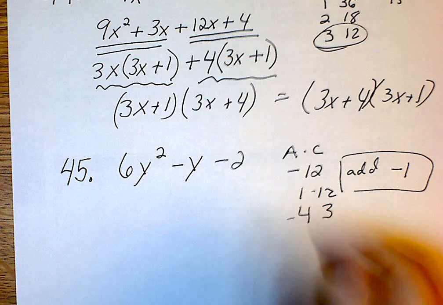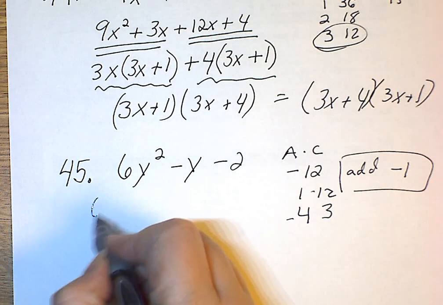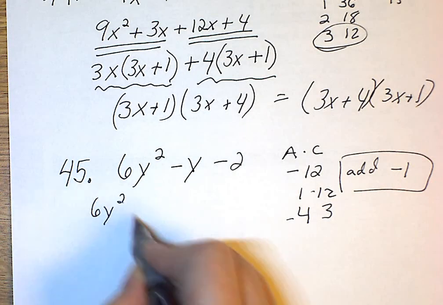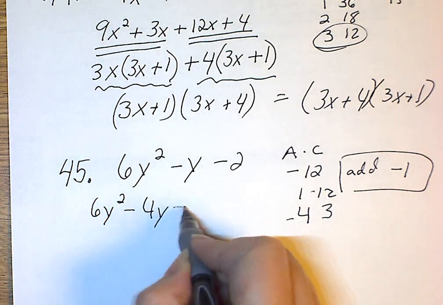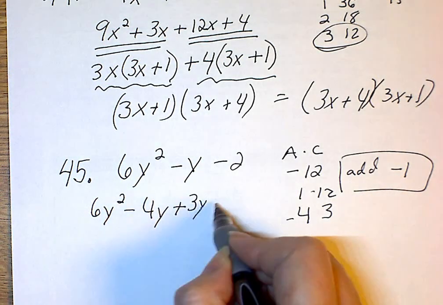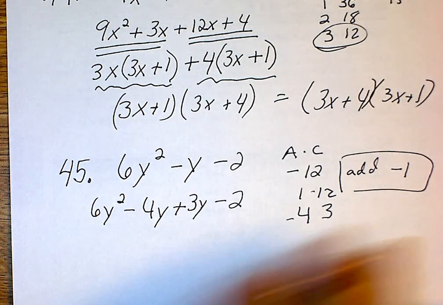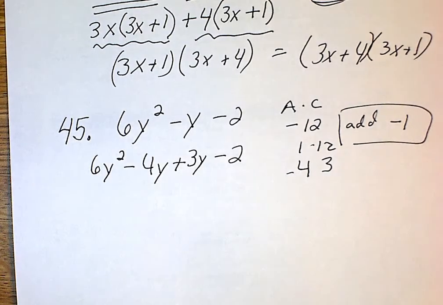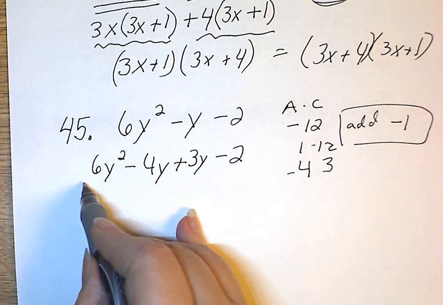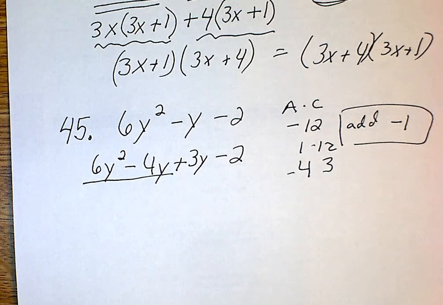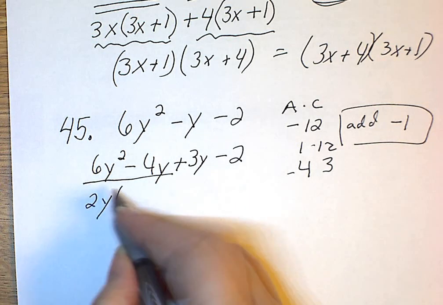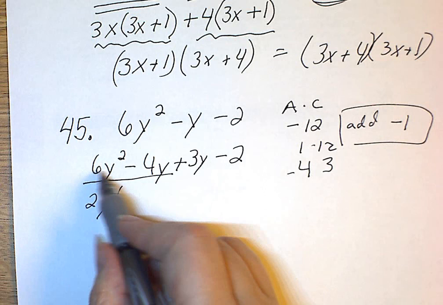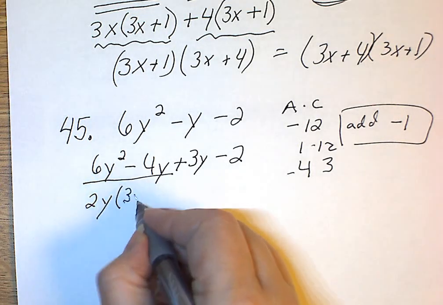So when we have 6y squared minus 4y plus 3y minus 2, what's in common with 6y squared and 4y? 2y. 2y times what gives me 6y squared? 3y minus 2.